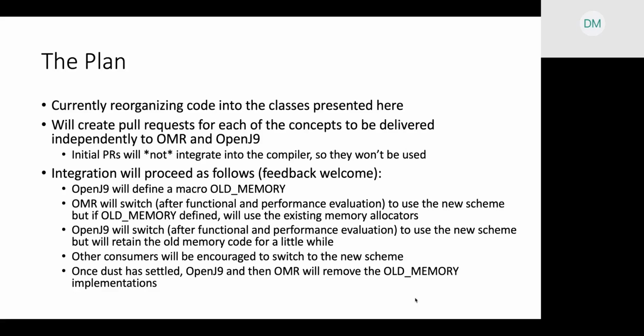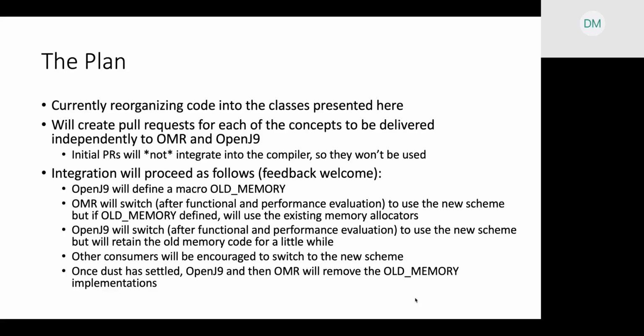And so I'm going to use the relatively uninteresting macro name OLD_MEMORY as the thing that you will have to define in your downstream project if you want to retain the existing memory functionality once the new functionality is turned on in OMR.